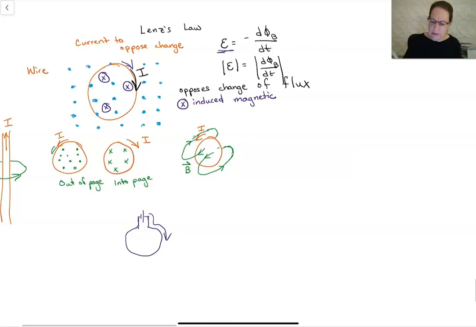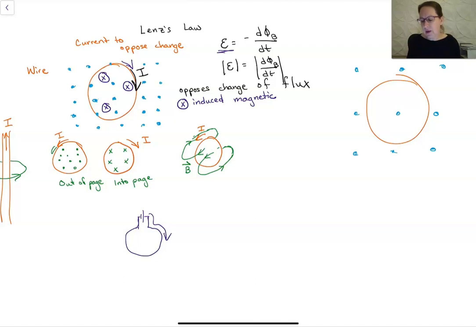Suppose we look at the same situation. The magnetic field was on, and for some reason, it's just on and it's steady. So it's at, let's say, 10 millitesla, and it's constant.